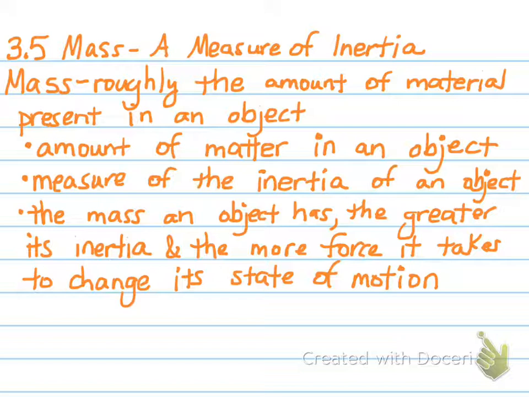Like you've taken the green beans out of it and now it's empty, okay? It's much easier to throw that can when it's empty because it has less mass, therefore it has less inertia, and it takes less force to change the can's state of motion.